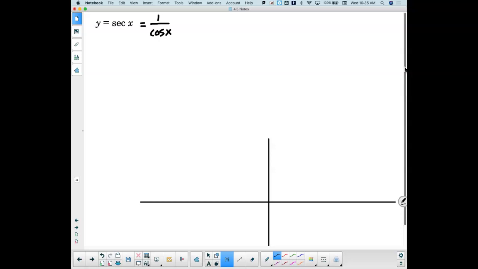Okay. So, when would the secant of x, well, first off, tap the brakes. Let's find the domain of said secant.